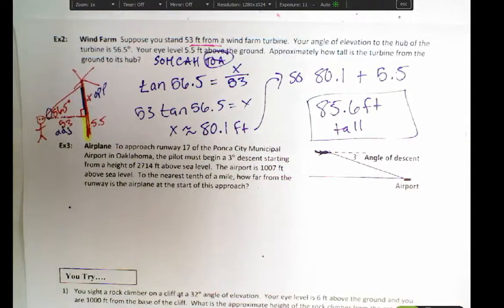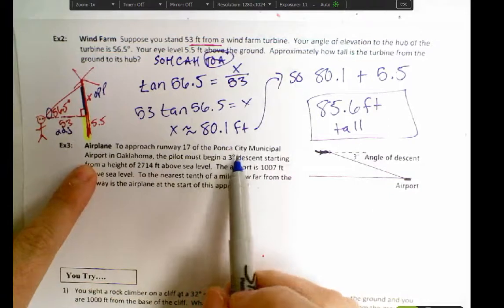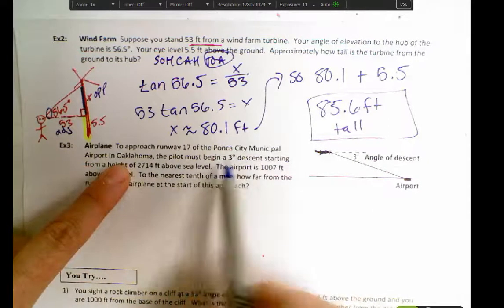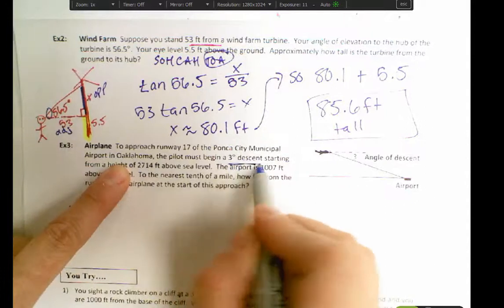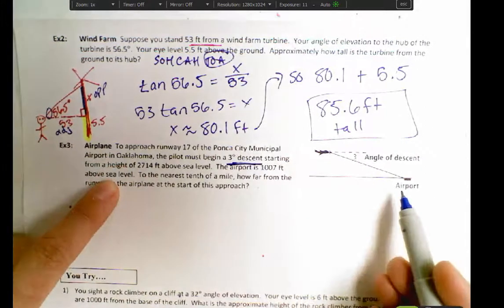Okay, let's try another one. Let's take a look at an airplane that is landing in Oklahoma. So to approach runway 17 of the Ponca City Municipal Airport in Oklahoma, the pilot must begin a 3 degree descent. Descent's going down.